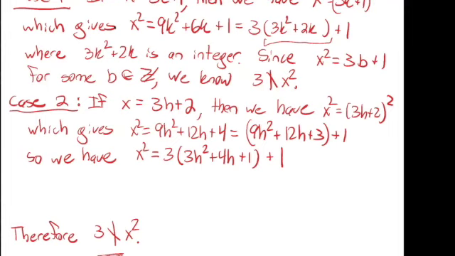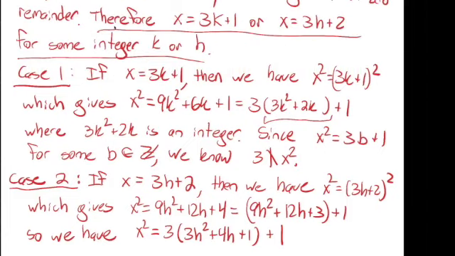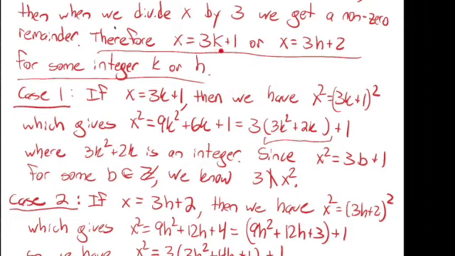And I just assumed that because it's in that form that we originally had, we can prove that x squared is not divisible by 3. That's right. Now it looks like this, which means it's not divisible by 3.